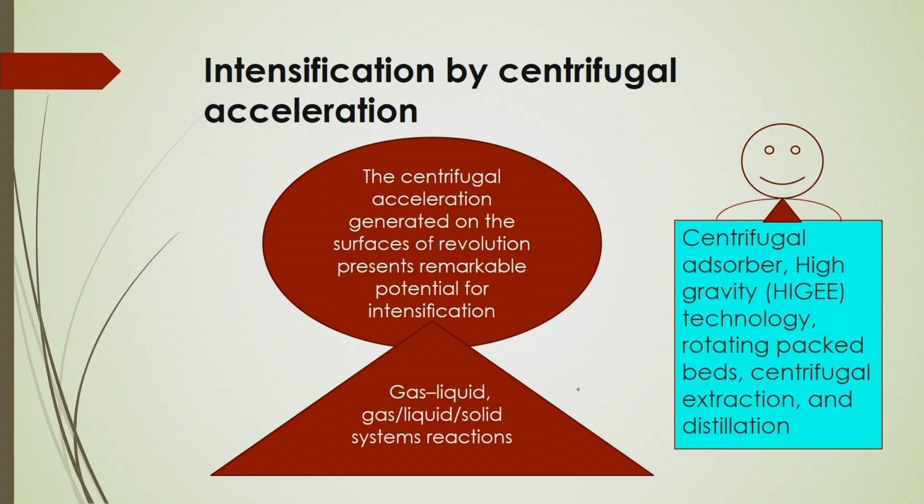And for some other processes in reactive systems, some other mechanisms are also possible to intensify the reactive system in chemical engineering processes. Centrifugal acceleration is one of the important mechanisms by which you can intensify the process. The centrifugal acceleration generated on surfaces of revolution presents remarkable potential for intensification.